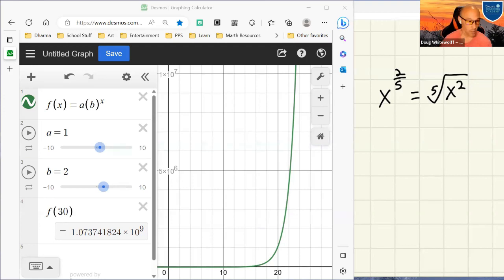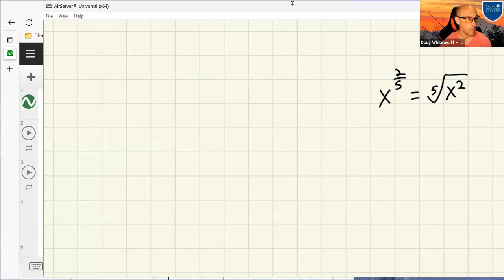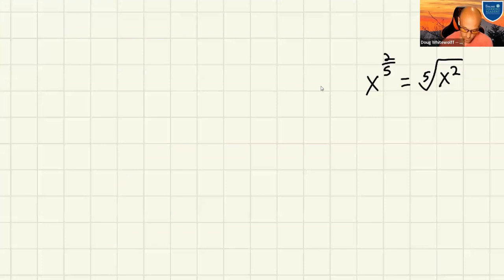Okay, so the next thing that we have here asks to find the equivalent form of this function.